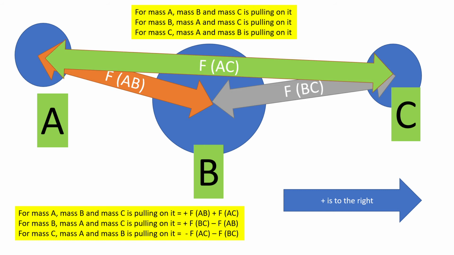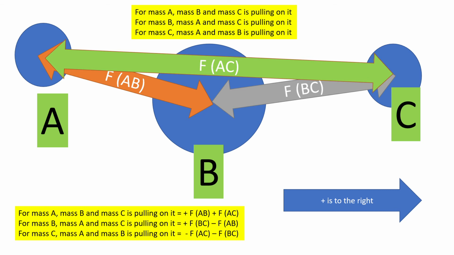So if you're just focusing on mass A, it is the total of the forces from A and B and A and C. For mass B, you can see that mass A is pulling on mass B to the left. That's why there's a minus F brackets AB. And then you need to add on the positive, the force between B and C, and that's why you have a positive F brackets BC.